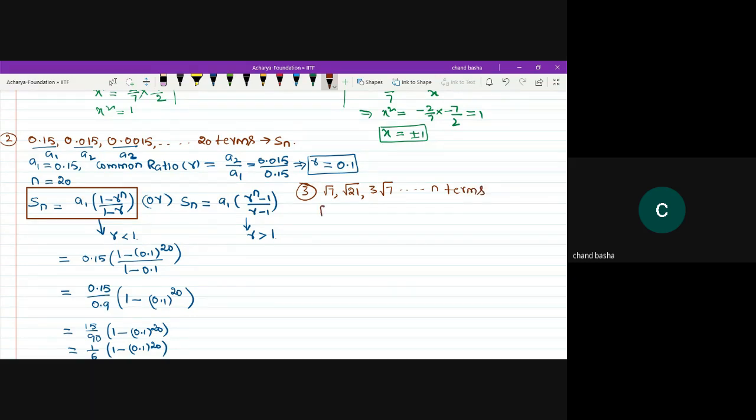Find the common ratio, the fifth term, and the sum of n terms. Total 3 points are asked related to this question.